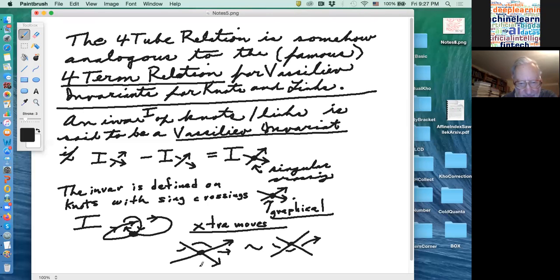You can't pass classical crossings past virtual crossings. And this could be under or over. So I should draw the other one just for the sake of completeness here. And of course, all other orientations can be used as well. So it can go over like that. Okay, so that's one thing you're allowed to do.